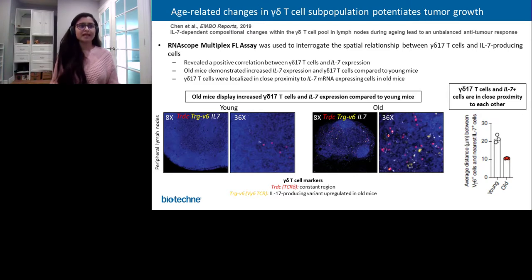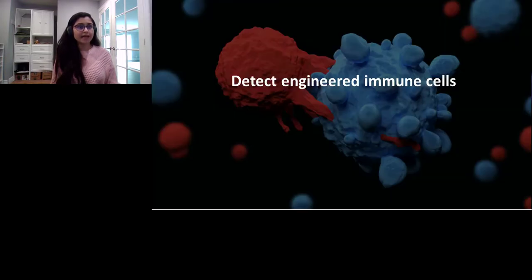Next, I want to show you an example of how RNAscope has been used to detect engineered immune T cells by using an example of our collaboration with Bluebird Bio. Bluebird Bio was developing a CAR T cell therapy against the BCMA antigen and the ROR1 antigen.